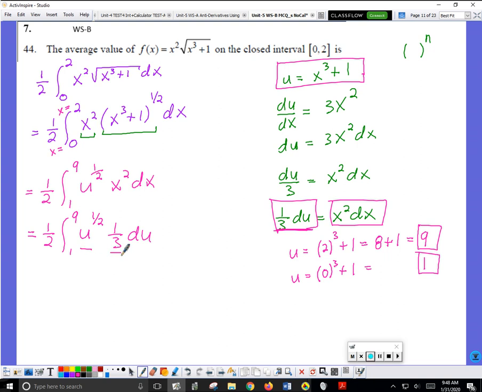These are multiplying factors, so the 1/3 being a constant can come out, and you get this. Question?